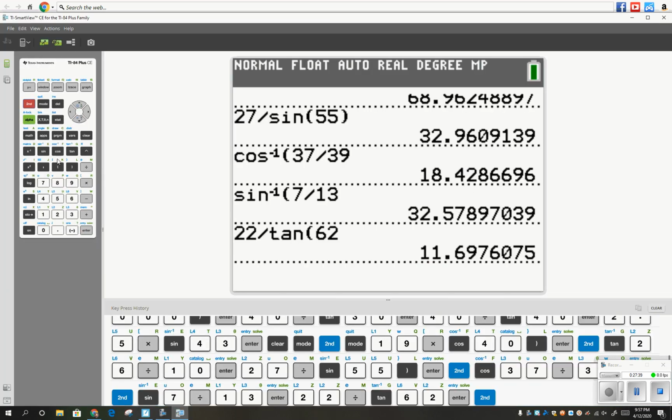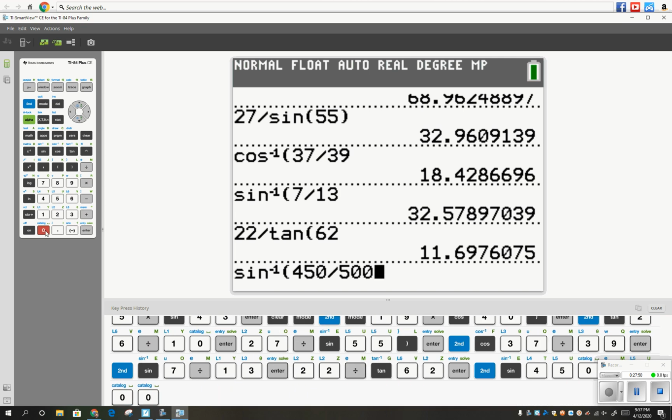Type that into my calculator. I don't care what that is as a decimal. Sine inverse of 450 divided by 500. One of the biggest issues: I always say I don't care what the decimal is, because unless you use the entire decimal, your answer will be off.